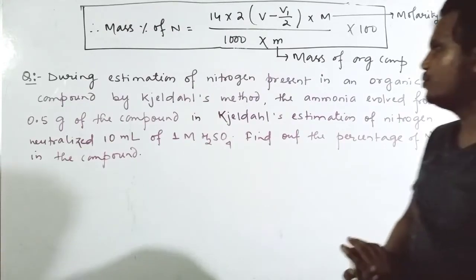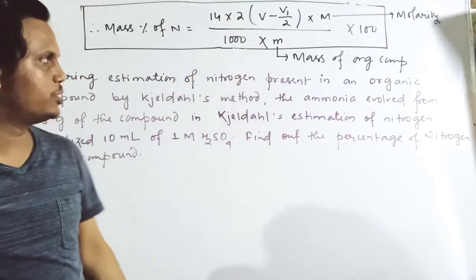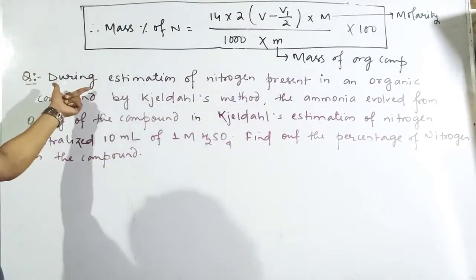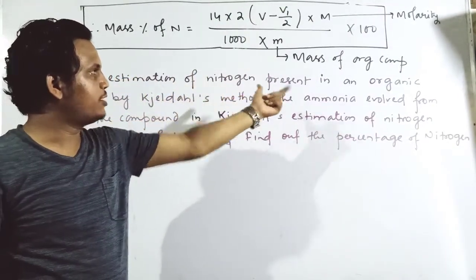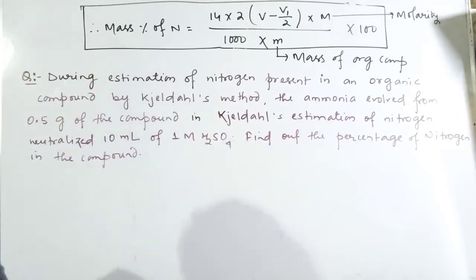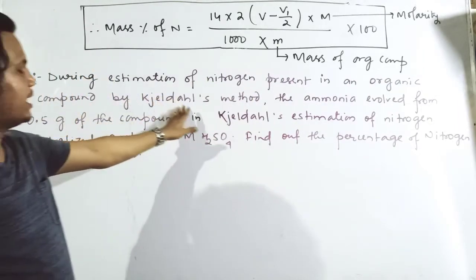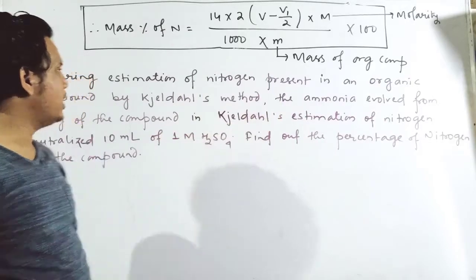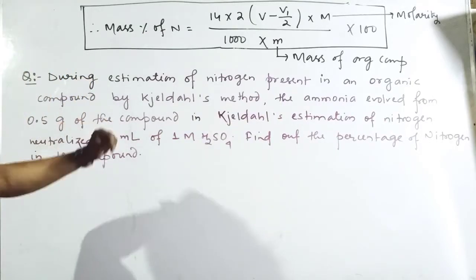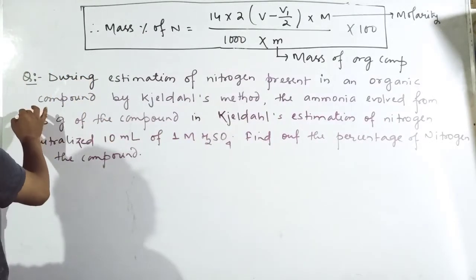So one numerical we have taken from this Kjeldahl method. During estimation of nitrogen present in an organic compound by Kjeldahl method, ammonia evolved from 0.5 gram of the compound.